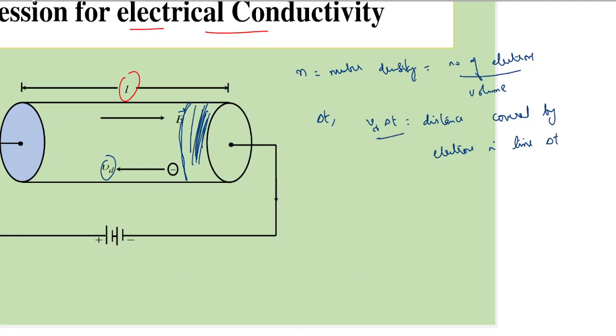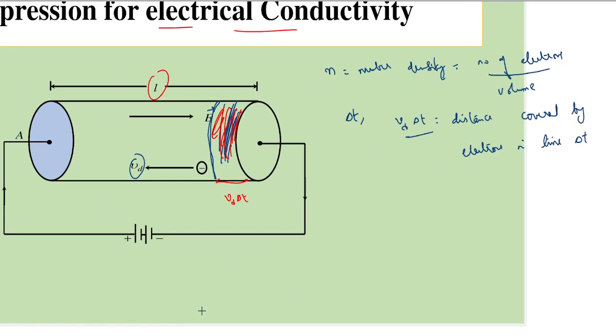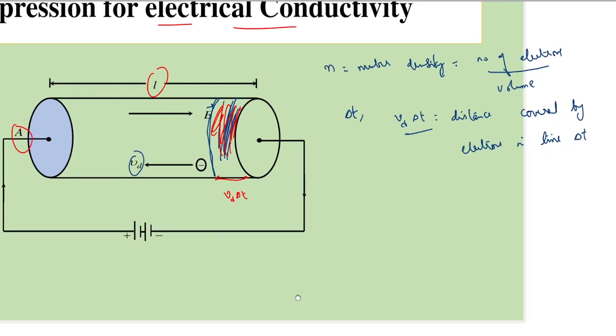If this is the distance covered, then the volume covered would be this distance into the area of cross section. So it will be Vd delta t, that is the distance, into the area of cross section, which is taken as capital A.